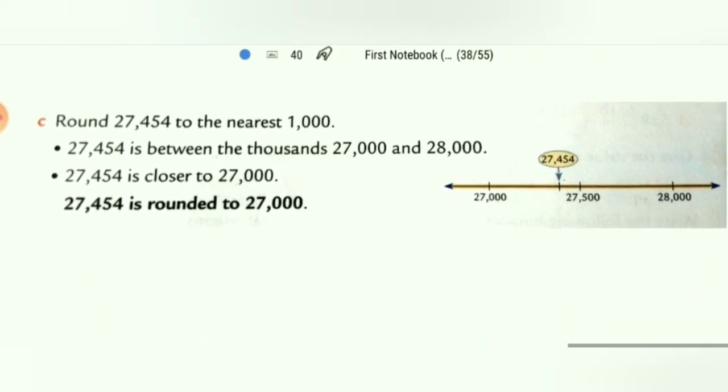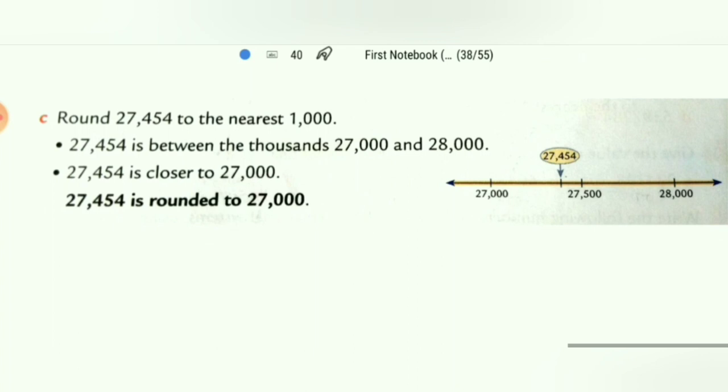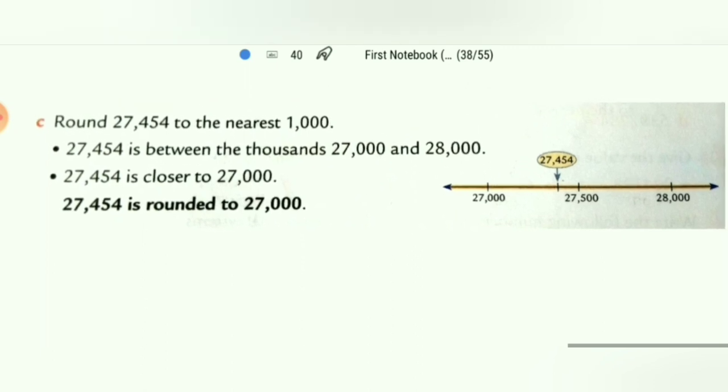Next, round 27,454 to the nearest 1000. 1000 means the ones, tens and hundreds places will be changed. See, first 27,000 and 28,000 will come. So here the middle one is 27,500.